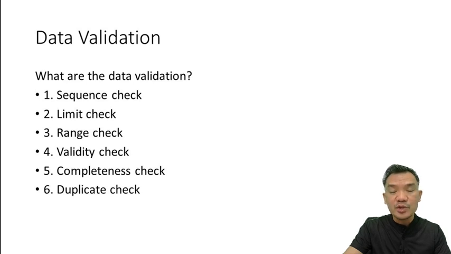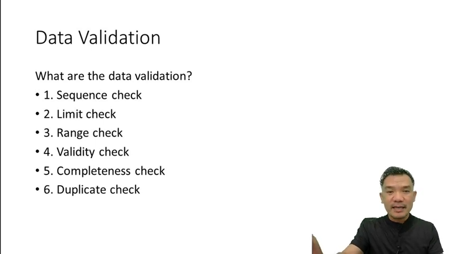Number one is the sequence check. This is normally, for instance, the receipt number. If you have a receipt, normally you will put a sequence such that each number cannot be skipped, so the transactions must follow a sequence. I think this will also determine if there are illegal transactions that happen.